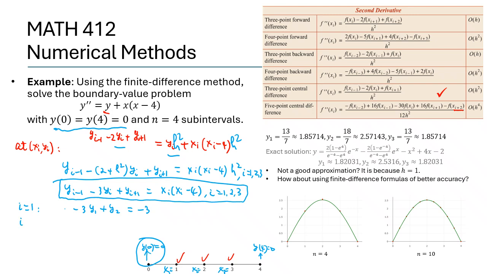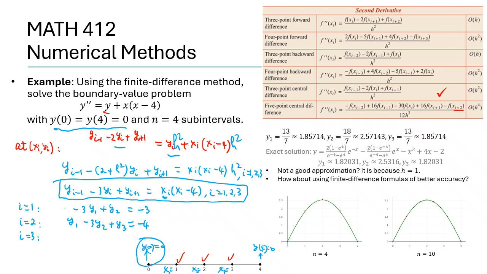Now i is 2. When i is 2, we have y1 minus 3y2 plus y3 equals 2 times 2 minus 4, which is negative 4.